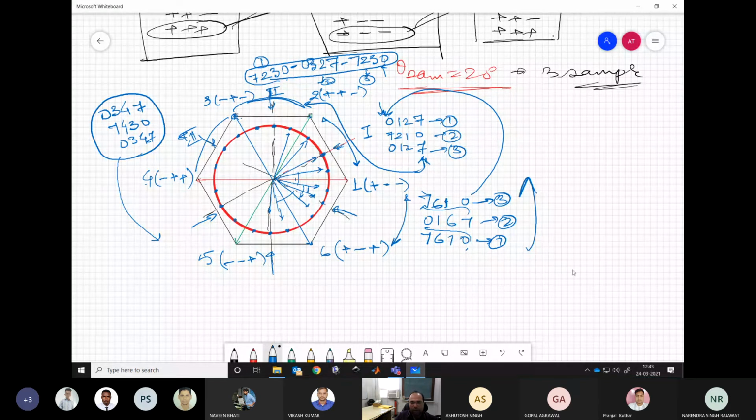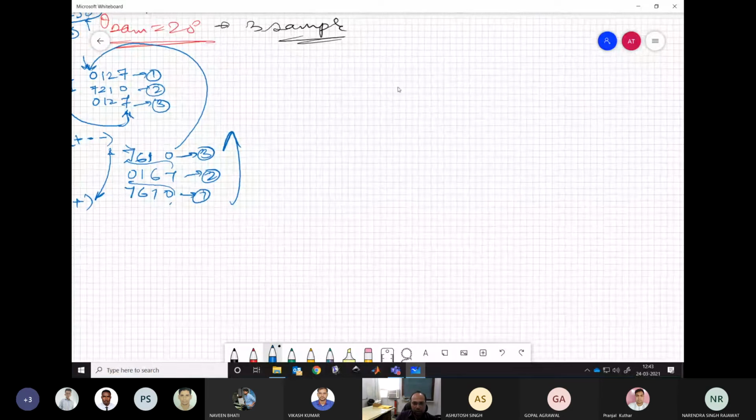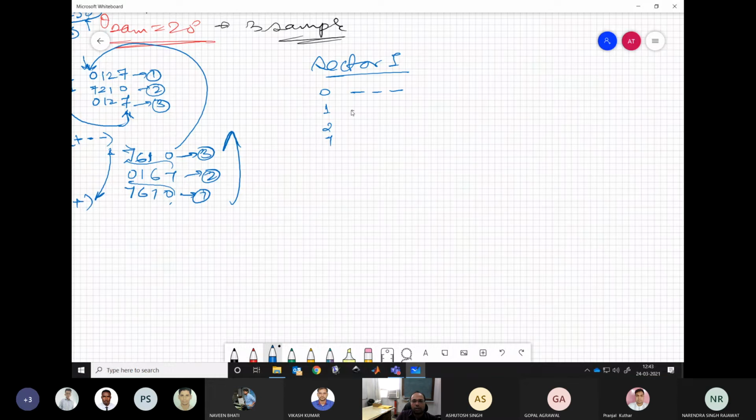So similarly, you can write the switching states also, like for sector 1. For 3 samples, how are we realizing this? We are having 0, 1, 2, 7, which is minus minus minus, plus minus minus, plus plus minus, plus plus plus. This is sample 1.